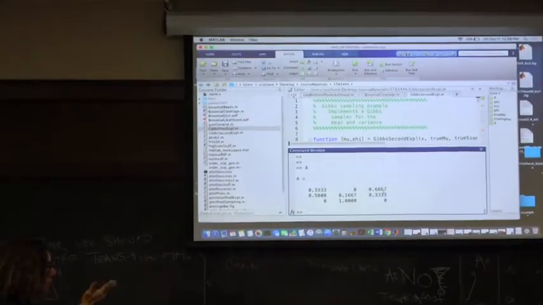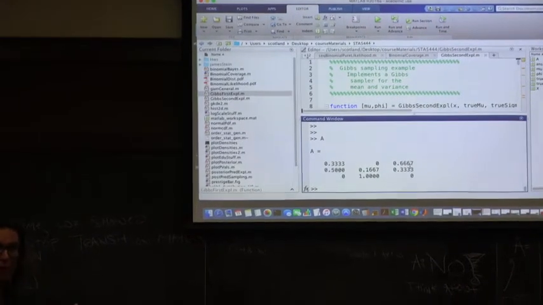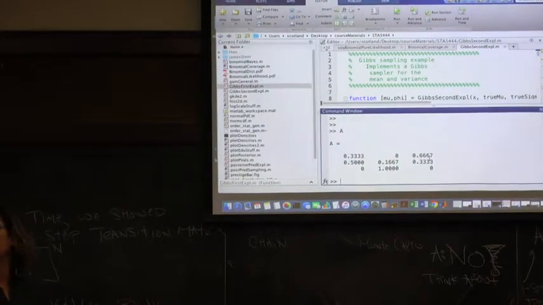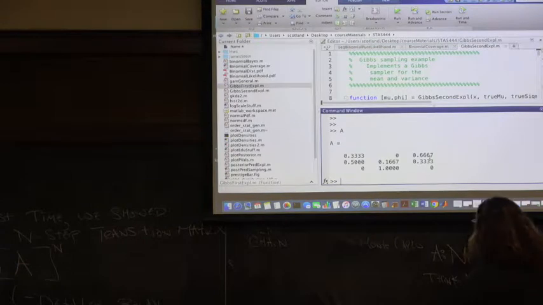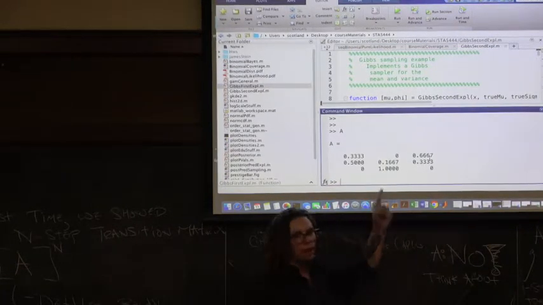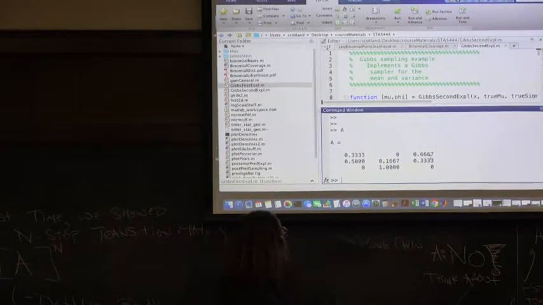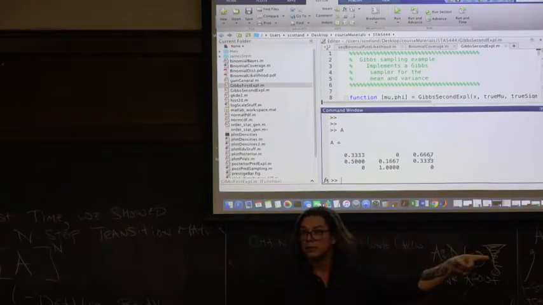I could have made all those zeros some other numbers if I wanted to, and it would have been obvious that I could get from anywhere to anywhere, because I could do it in one step. This requires a few more steps. So if I'm in state 3 right here, I automatically go to state 2. Where can I get from state 2? Anywhere.